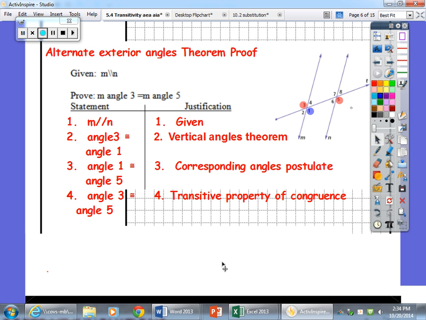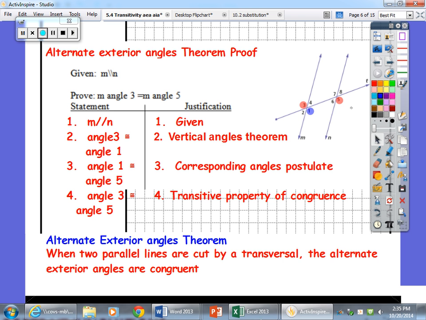And then the third step is the transitive property of congruence, where angle 3 is going to be congruent to angle 5. This is the alternate exterior angles theorem. When two parallel lines are cut by a transversal, the alternate exterior angles are congruent. And notice it has to be parallel lines.